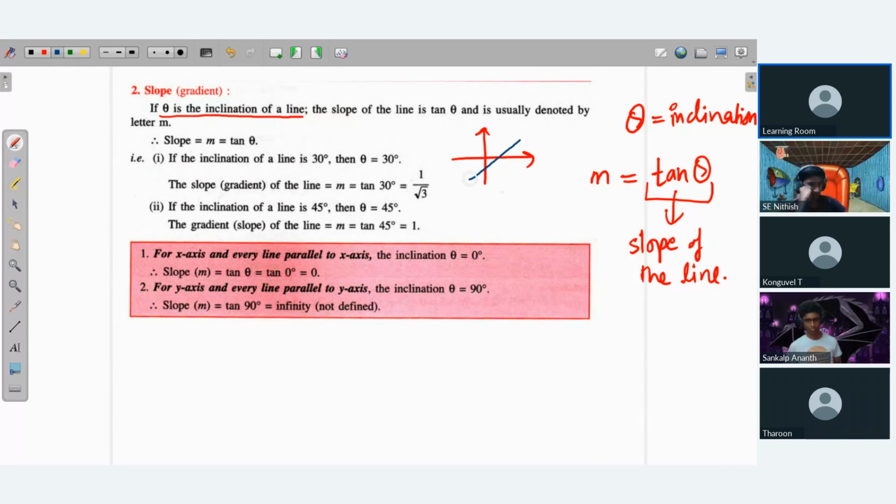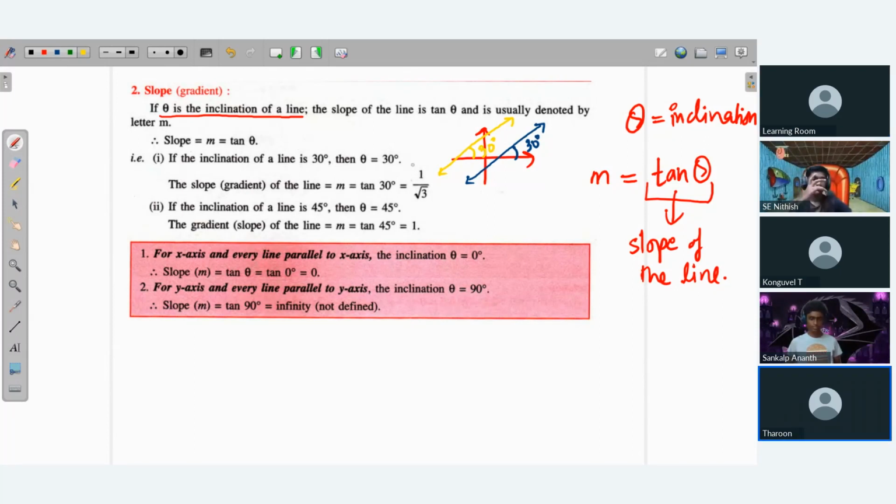This is one line, the blue one, and also this yellow line, parallel this side, also has a 30-degree inclination. Although the lines are differently placed, they make a 30-degree inclination with the x-axis and their slopes are also the same.